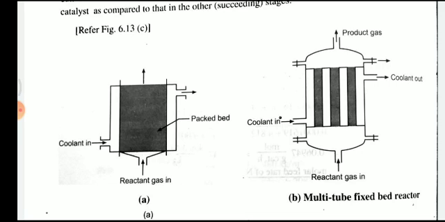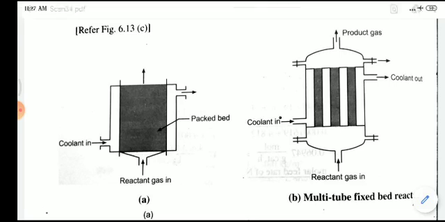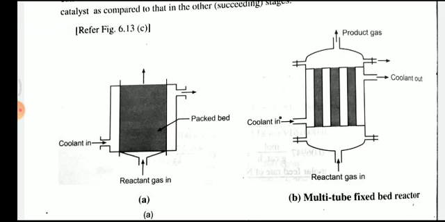Okay, so coolant is inlet from the side where the catalyst beds are fixed. At the bottom, coolant is in. For the coolant we use cold steam or cold water, anything we can use for the process.